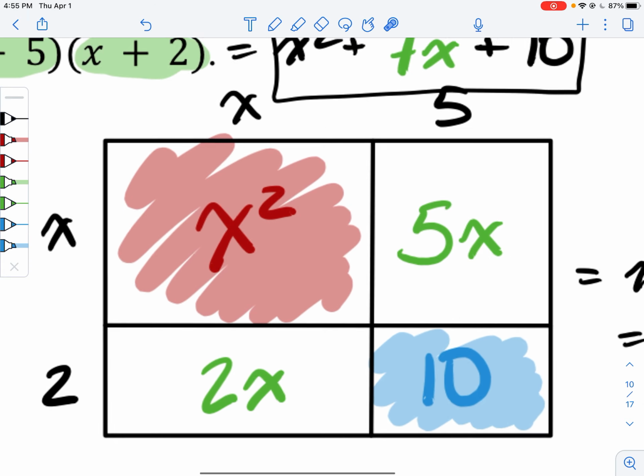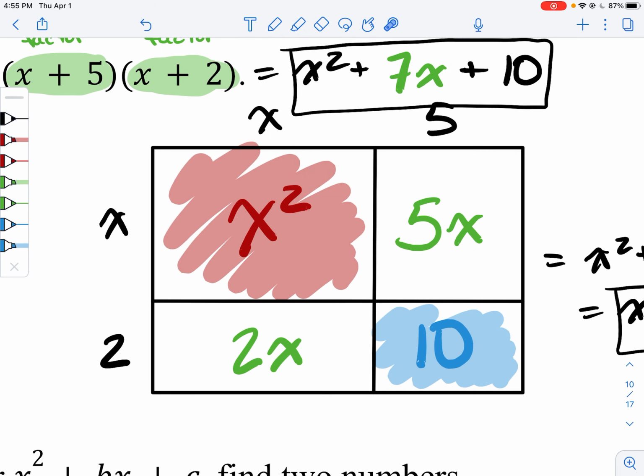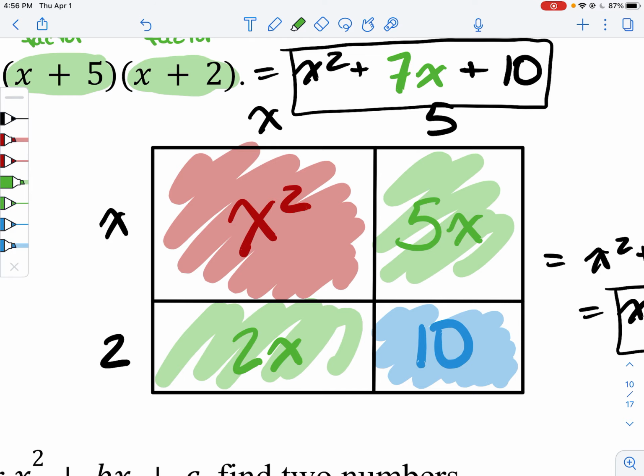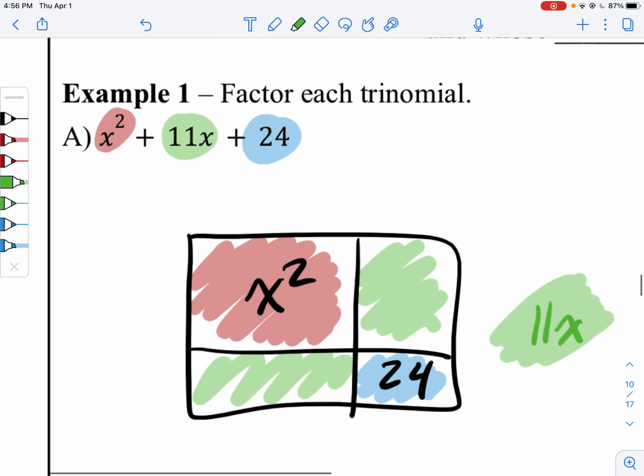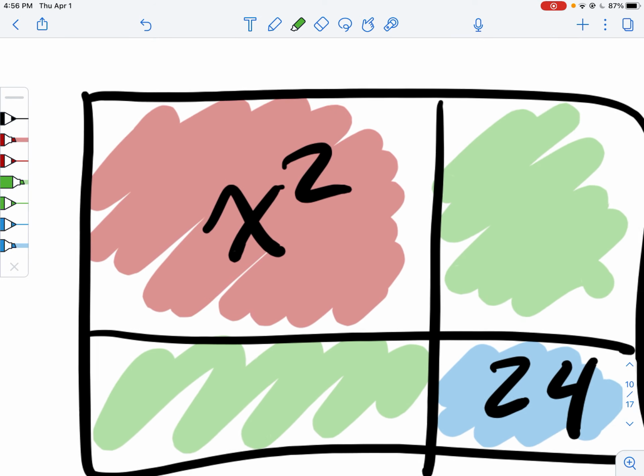Just like back here, in order to get a 10, we have 2 times 5. In order to get x squared, we have x times x. And look, 5x plus 2x, you add those up, and that went to our middle term. Yay! So the question here is, what would make this x squared?